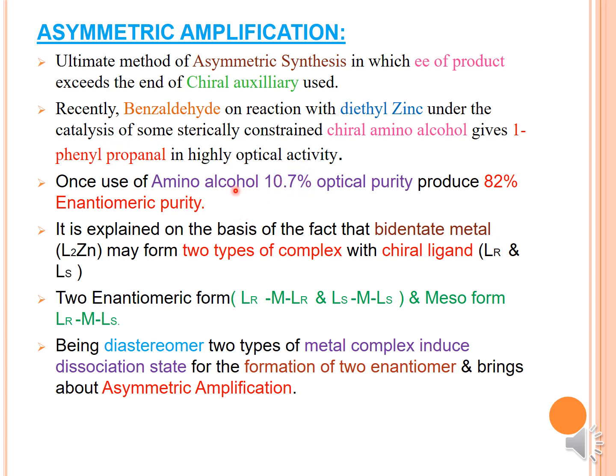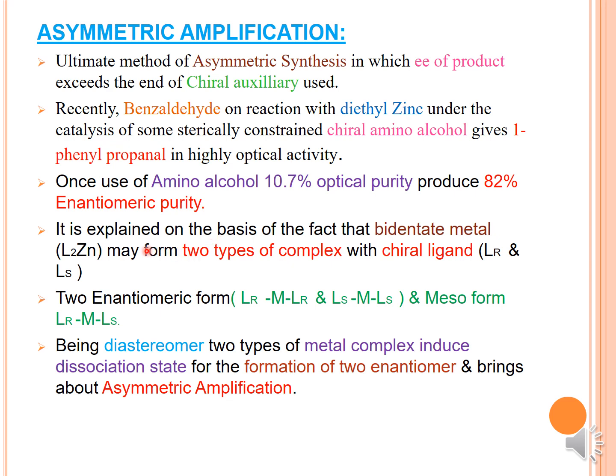For example, if we take the amino alcohol with an optical purity of 10.7%, we are producing an enantiomeric purity of 82%. That takes place only in the presence of diethyl zinc, that metal, okay. The reaction will only occur as asymmetric amplification. That is the speciality of this reaction.